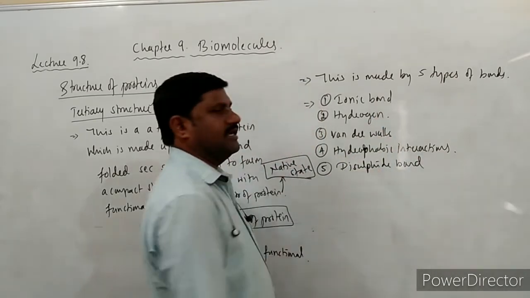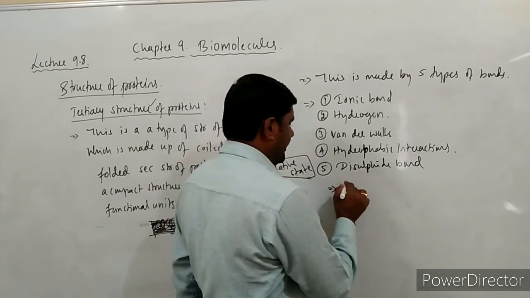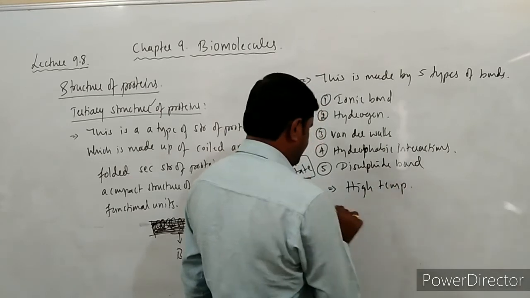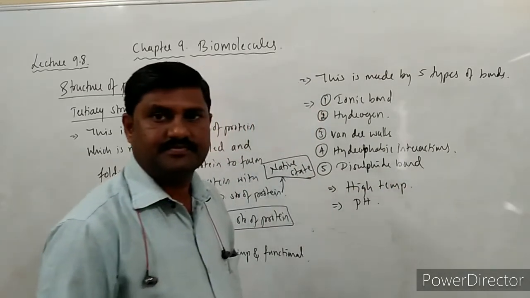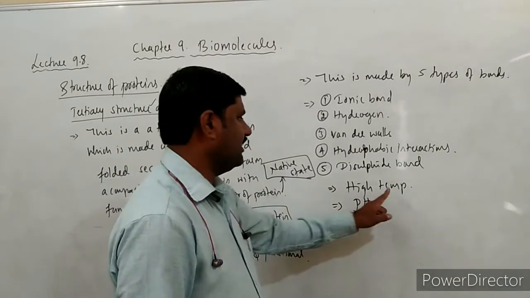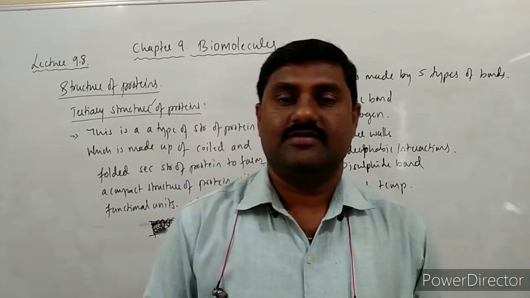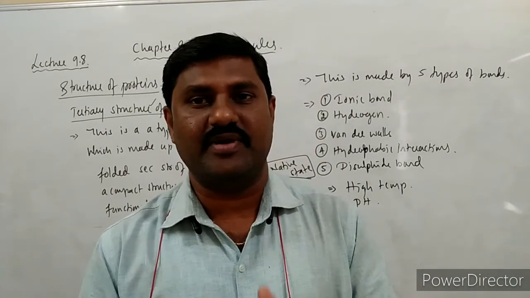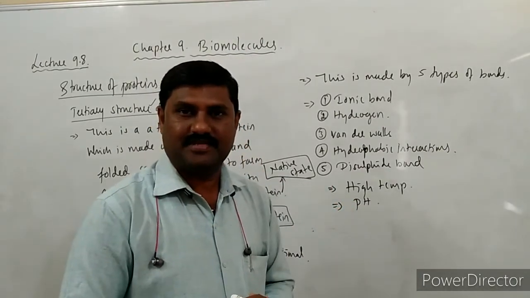These bonds are easily broken with the help of factors like high temperature. When high temperature is given, or when pH is changed, what happens? The three-dimensional conformation of the protein molecule breaks up, right?